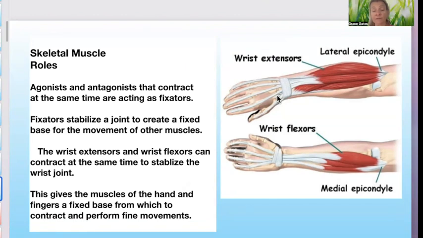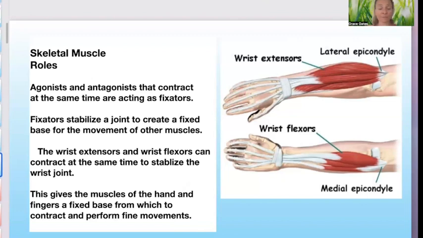The wrist flexors and wrist extensors, which control the movement of the wrist, can contract at the same time to stabilize the wrist joint. This gives the hands and the fingers a fixed base from which to contract and to perform fine movements. I'm sure you can think of plenty of examples in which you keep your wrists stable and move your fingers, perhaps typing on a keyboard, or holding your phone and using your thumb to quickly text.